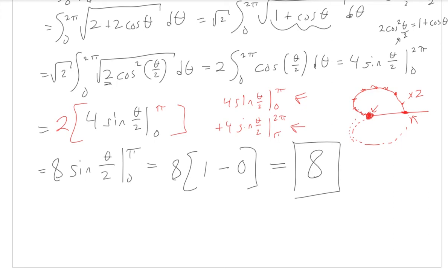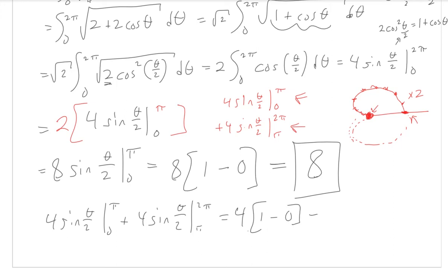Again, if you did it the other way instead of doubling, you would get 4 sine of theta over 2 from 0 to pi, plus 4 sine of theta over 2 from pi to 2 pi. If you do this, you'll get 4 times sine of pi over 2, which is 1, minus 0 again, plus 4 times sine of theta over 2. If you do 2 pi, you get sine of pi, which is 0, minus, if you put in pi, you get 1.